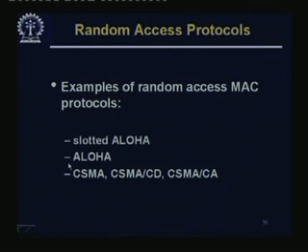The satellite protocols called ALOHA and slotted ALOHA are the simplest kind of random access protocol. We will see other examples like CSMA, CSMA-CD, CSMA-CA, etc., later on. ALOHA was the original grandfather of all these protocols, then came slotted ALOHA, and then all these CSMA, CSMA-CD, CSMA-CA, etc.